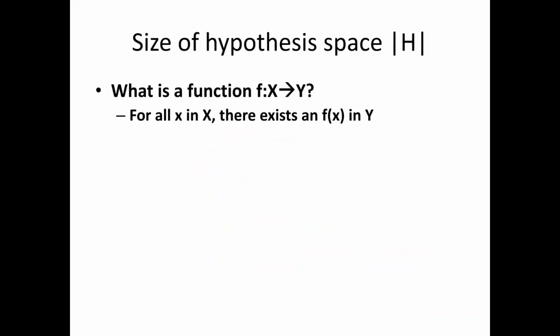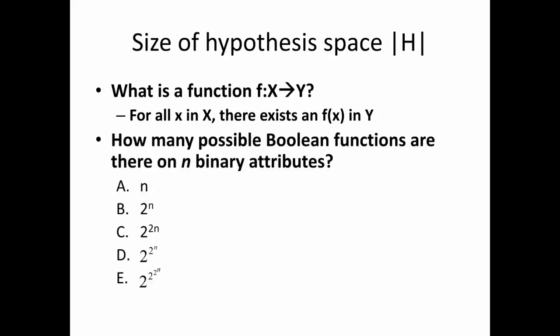We briefly talked about how increasing the number of features increases the hypothesis space. But to get a better idea of this, let's consider a simple example. If a function maps from domain X to range Y, that means for every value x in domain X, there exists some value f(x) in Y. Then how many possible Boolean functions are there on n binary attributes?